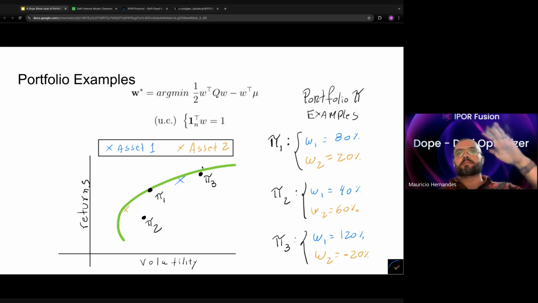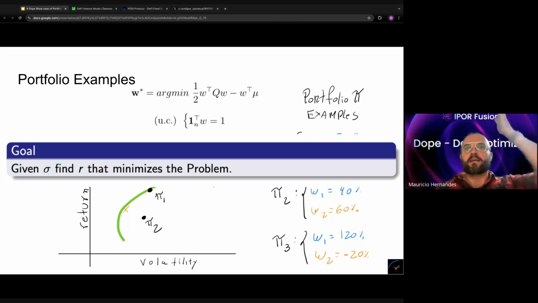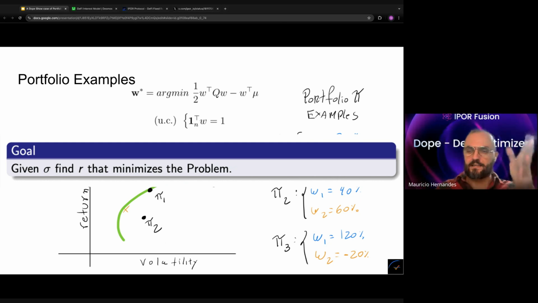And this is this green line, right? So the optimization problem can be translated into trying to find this green line. We can imagine that an investor comes and says, hey, I have this risk appetite, give me the best returns. What should my asset allocation be to get the best returns given the risk I intend to take? So we can translate this problem: given a volatility on the x-axis, find the best return on the y-axis.